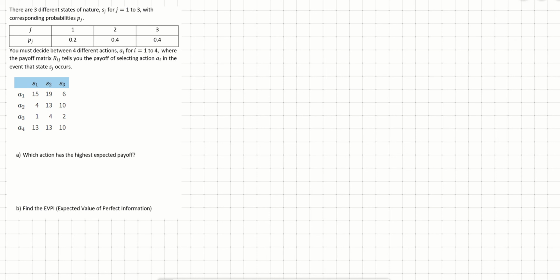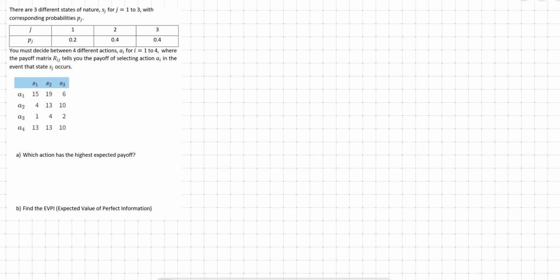So if you read this, the first number in the first column, 15, tells you that if you choose action 1 and the world is in state 1, then your payoff is 15. If you choose action 1 and the world is in state 2, your payoff is 19. If you choose action 1 and the world is in state 3, your payoff is 6. And so on. Obviously, the higher the number, the better. So actions with high payoffs are preferable to actions with low payoffs.